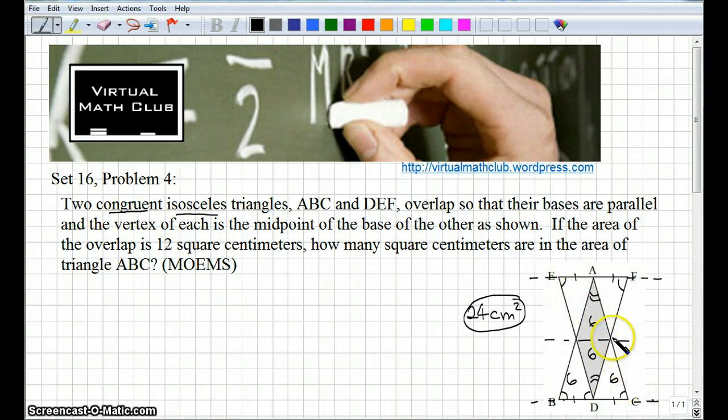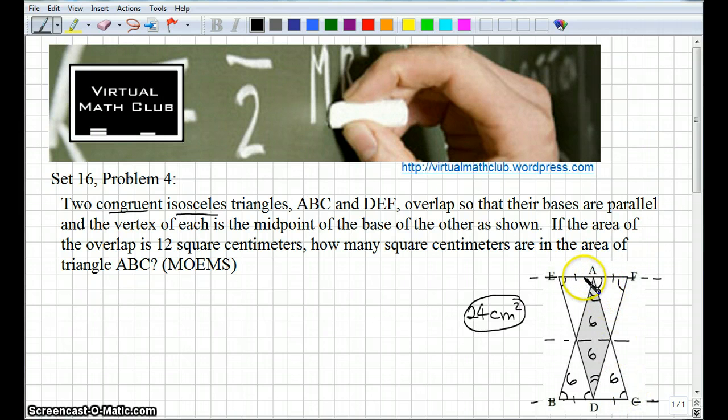And we can also see that we have this parallel line BC and this one at EF, and there's a line going from C to A that intersects both of them. So this is also an alternate interior angle to this one, so those angles are the same.